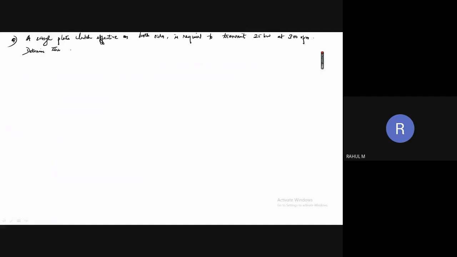Determine the inner and outer diameters of the frictional surface if the coefficient of friction is 0.255.